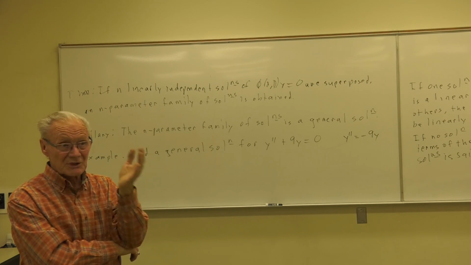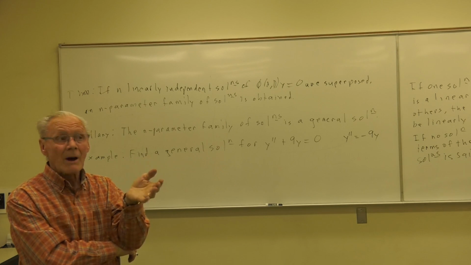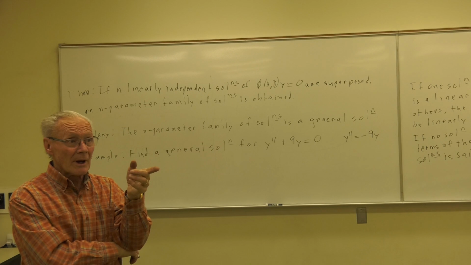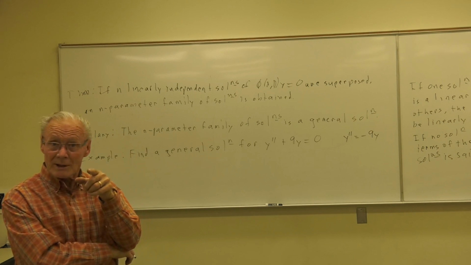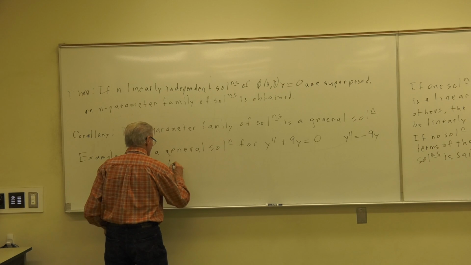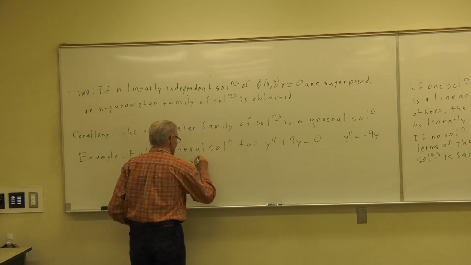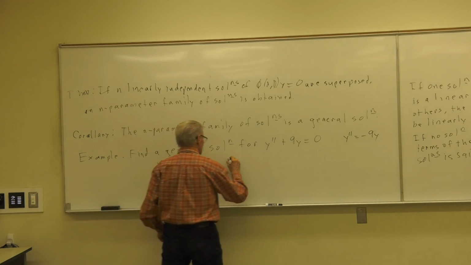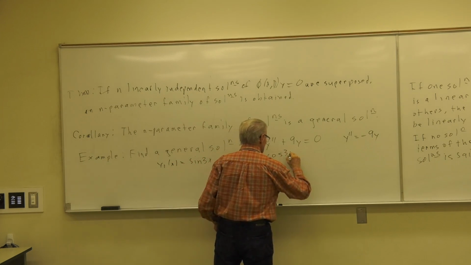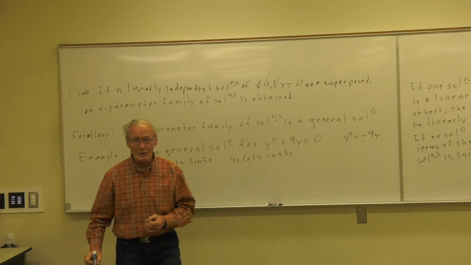If I differentiate sine x twice, I get minus sine x. But I want a 9. How about I take sine 3x? Isn't y1 of x equal to sine 3x a solution? And y2 of x equal to the cosine of 3x is also a solution.